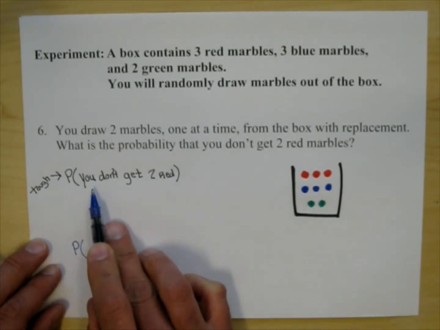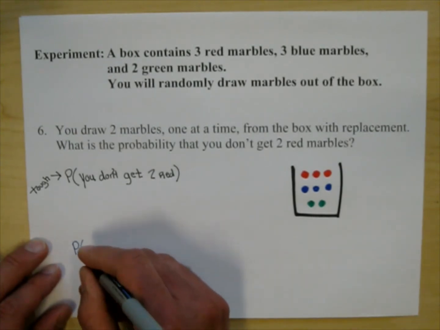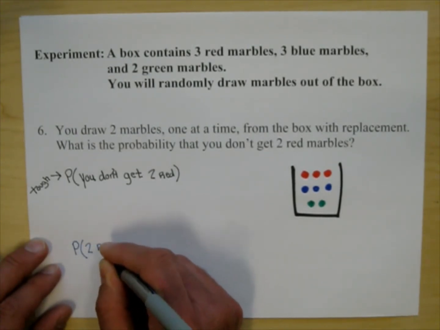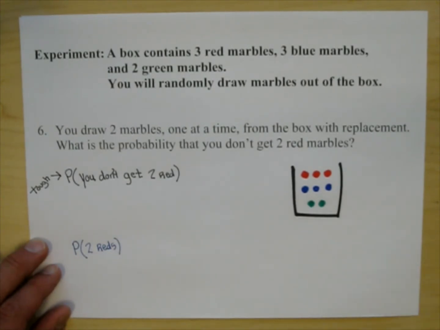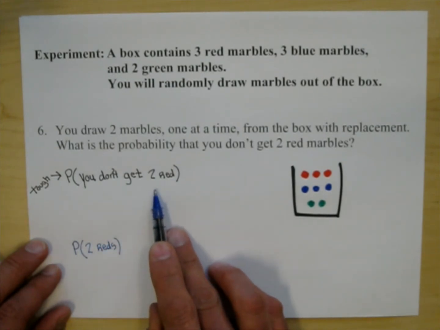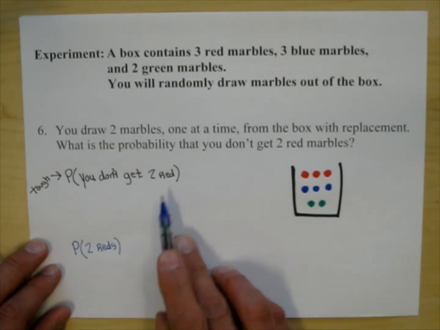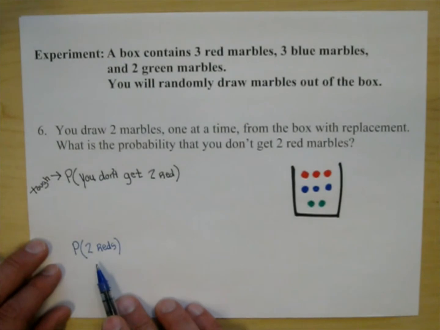And write the negation, which is two reds. Okay, this right here is the complementary event of you don't get two reds. And this is the type of problem we were doing in the last section.